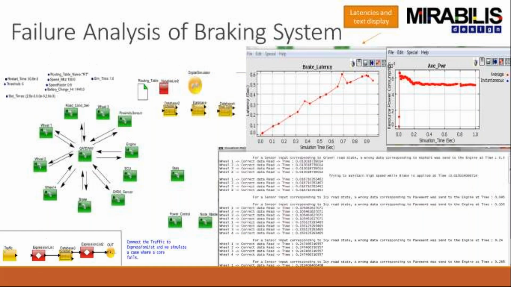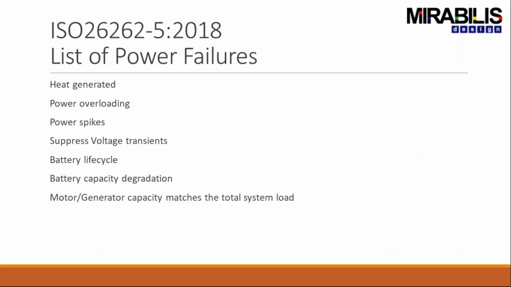So if we pass on, this is the list of power failures from ISO 26262 part 5 section. Now, power spikes, battery life cycle, power overloading, heat generated, all these are implemented in VisualSim.